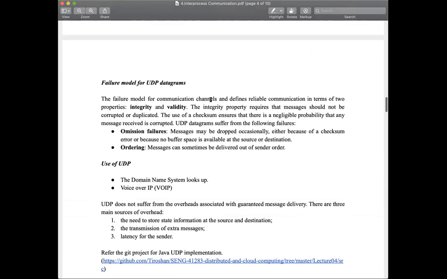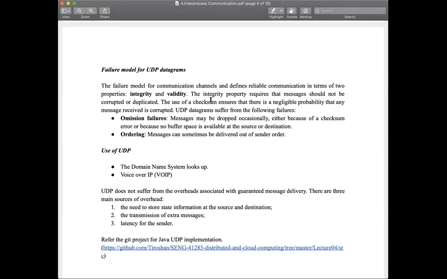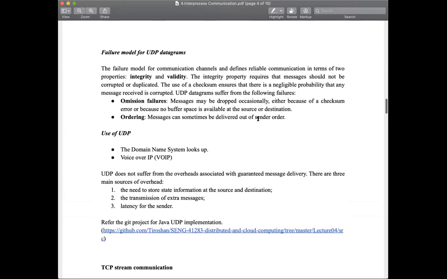So when you're talking about the failures in the UDP datagram, right? We are mainly talking about integrity and validity. So the main concern with the UDP communication is message loss, right?